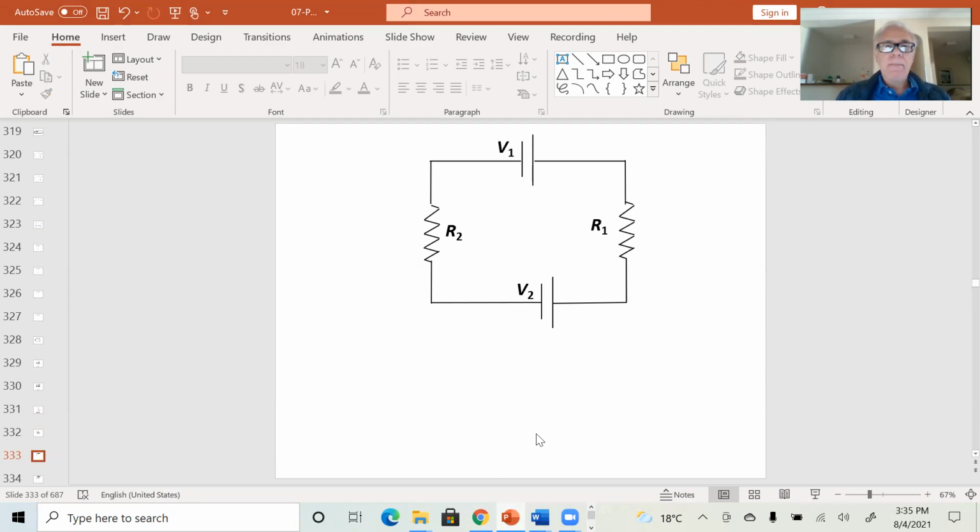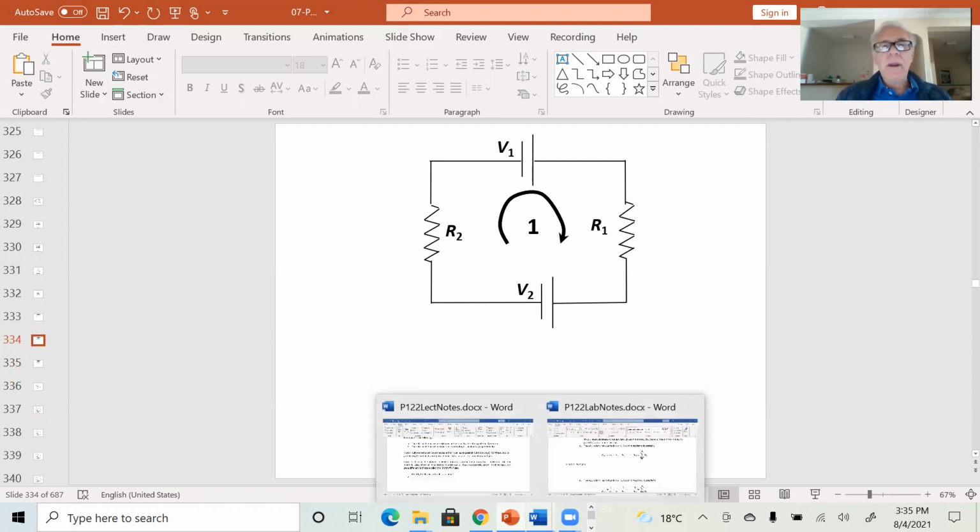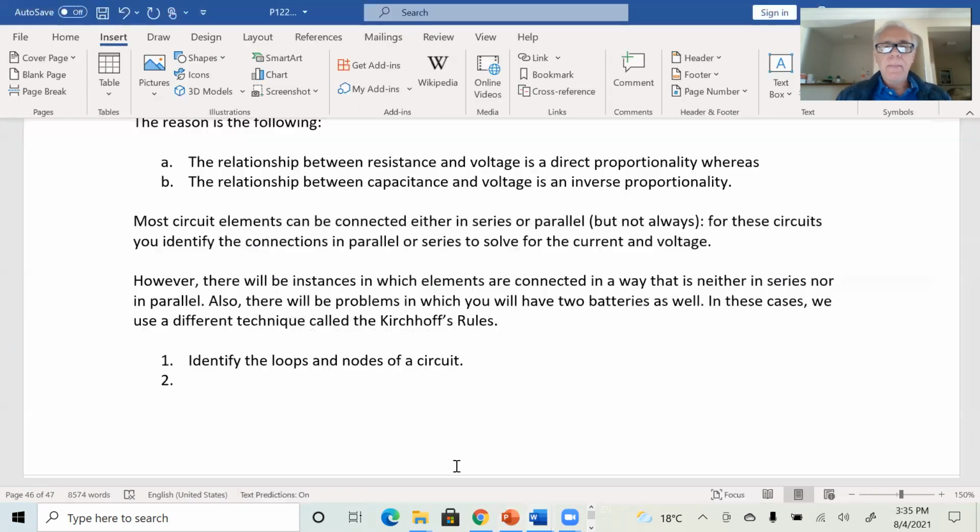Okay. Then what do you do? First, you identify the loops and nodes, right? Then choose direction for each loop.